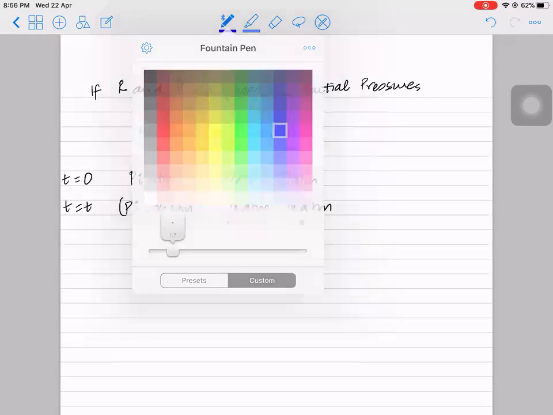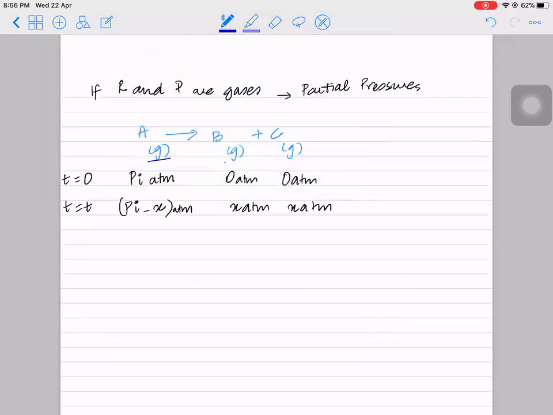Because obviously the reactant and the products are gases, that's why we're using partial pressures.